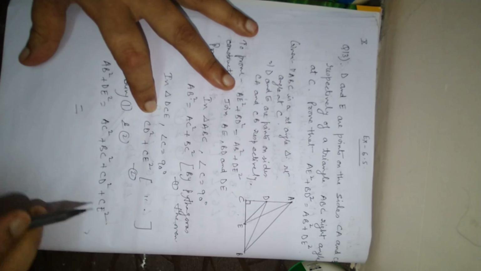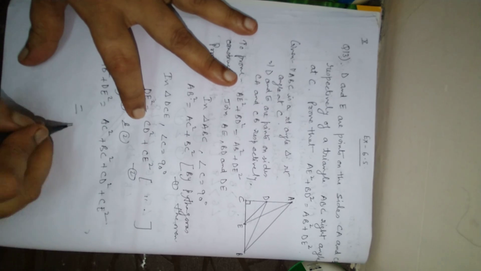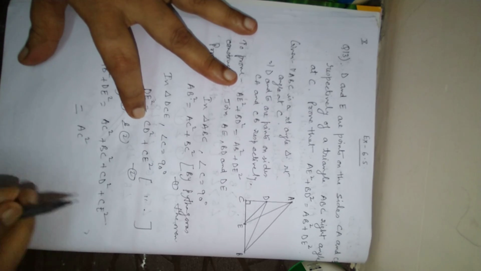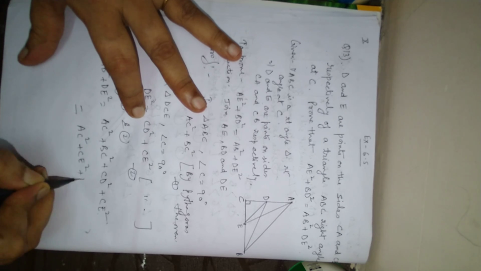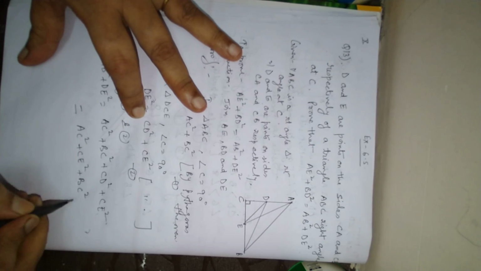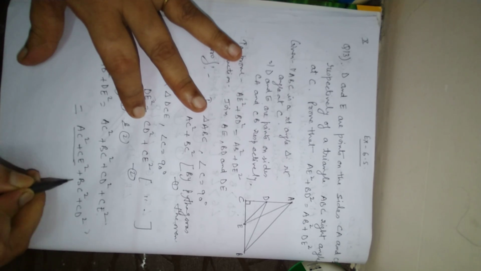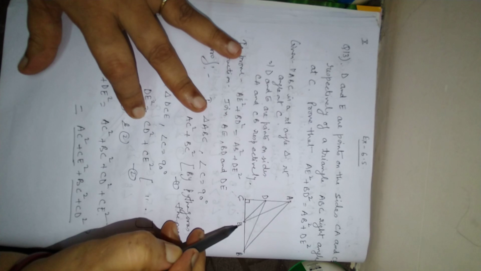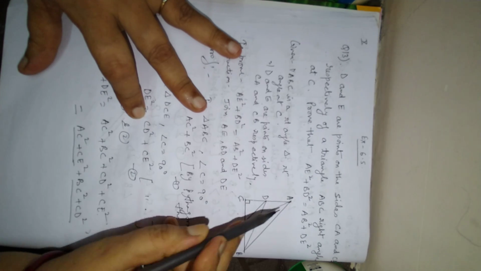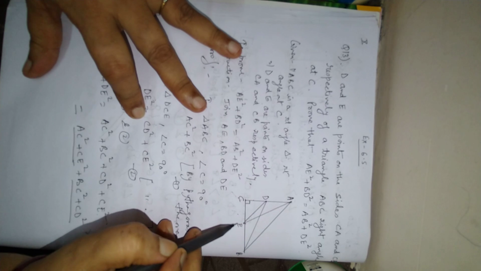Now just see, we can rearrange this one: AC square plus CE square plus BC square plus CD square. Now just see these two and these two. AC square plus CE square, that is equals to AE square, because it is a right angle triangle.